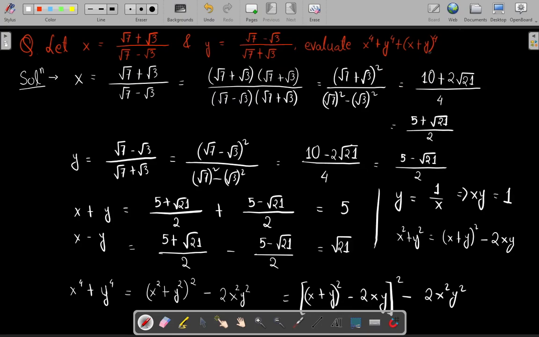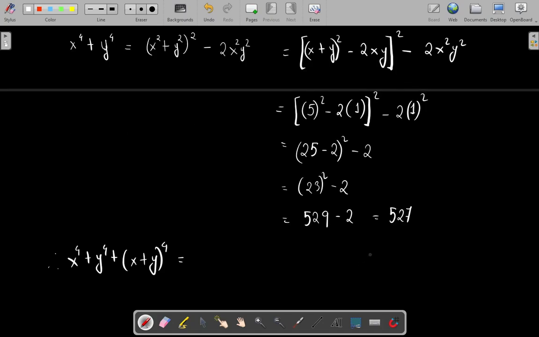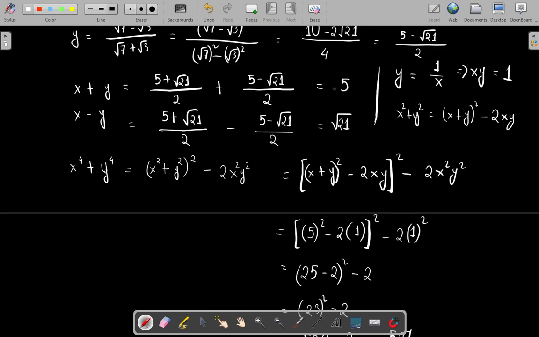Now we have to find the final value, which is x to the power 4 plus y to the power 4 plus (x plus y) whole thing to the power 4. x to the power 4 plus y to the power 4 is 527, plus this is 5 raised to the power 4, since x plus y is 5.